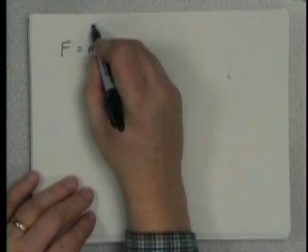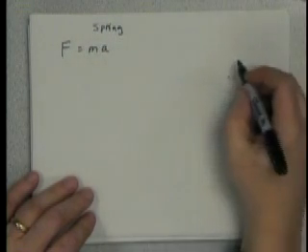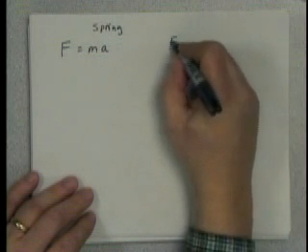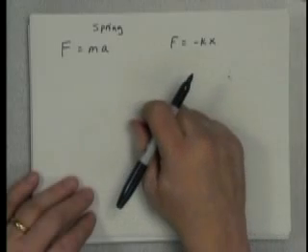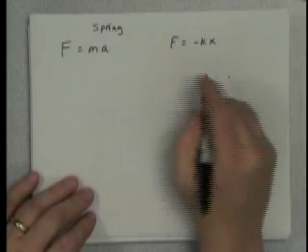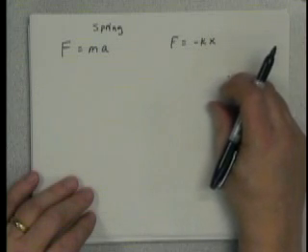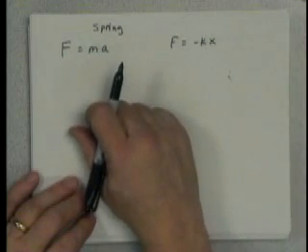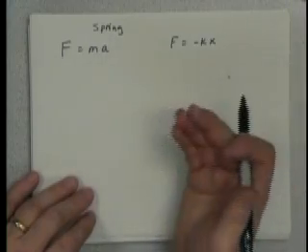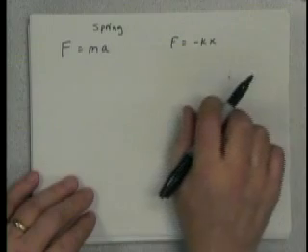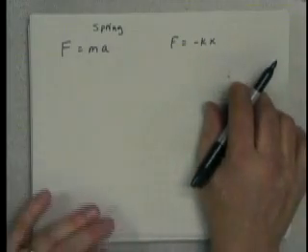And if we were talking about a spring, we've learned that the force on a spring is proportional to its displacement and in the opposite direction. So if you pull on a spring, the force being applied to it is going to try to pull it back the other way. Or if you push down on a spring, the force is going to try to push it back up. So whichever way you push the spring, it's going to want to go the other way. So if you let go, it pops back.